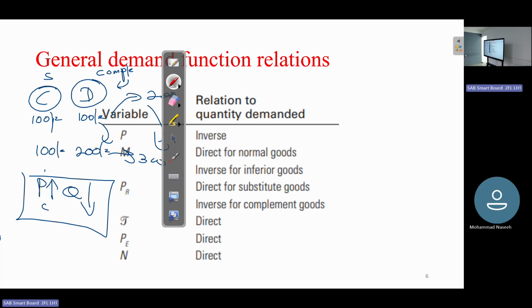When the price is changing, quantity demanded will change, while all the other factors are impacting the changes of the entire demand.